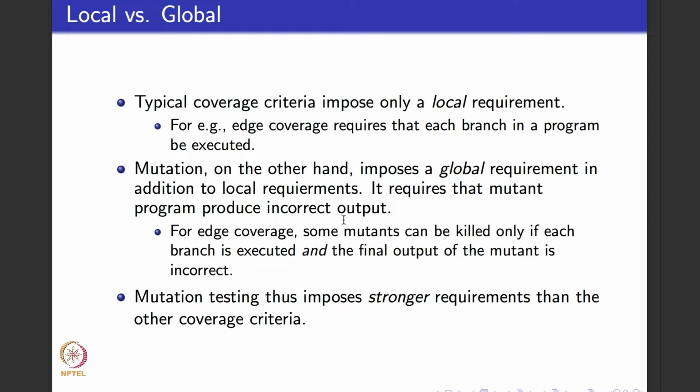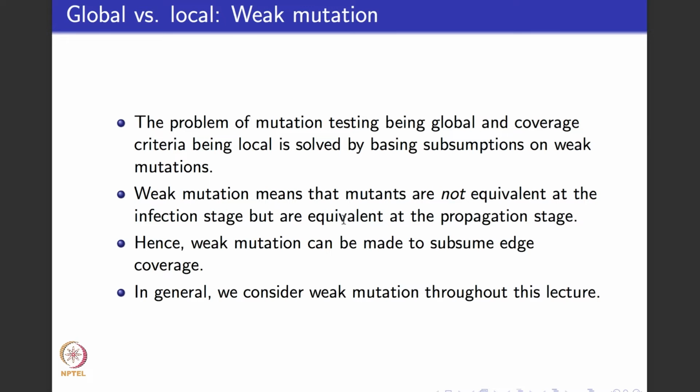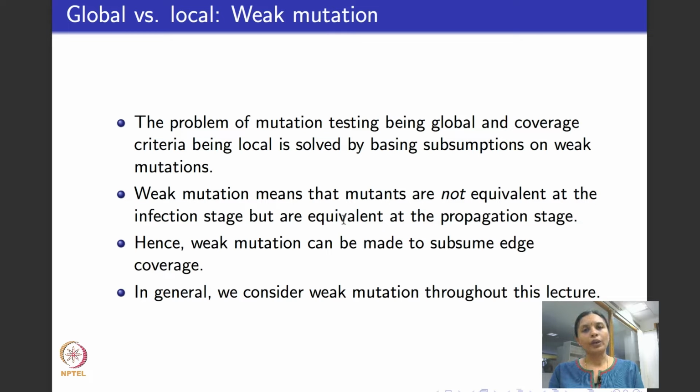We later refined this notion of killing to say that this is actually strongly killing the mutant. We could have the option of weakly killing the mutant, by which we satisfy only reachability and infection, and need not propagate. So that's the notion of mutation that we will use through most of this lecture, except towards the end when we look at data flow criteria.